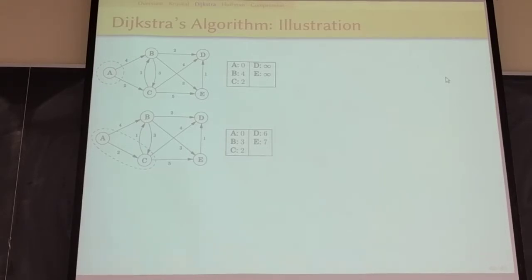We initialize everything to infinity. So initially for each vertex, A is going to have a cost of 0, everything else is going to have a cost of infinity.